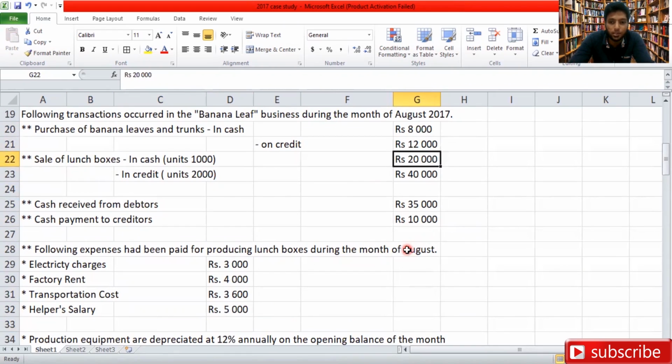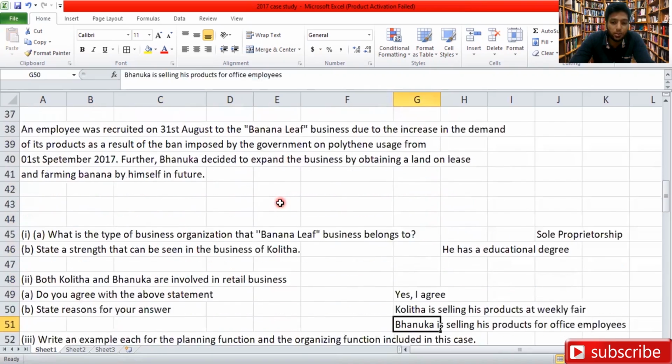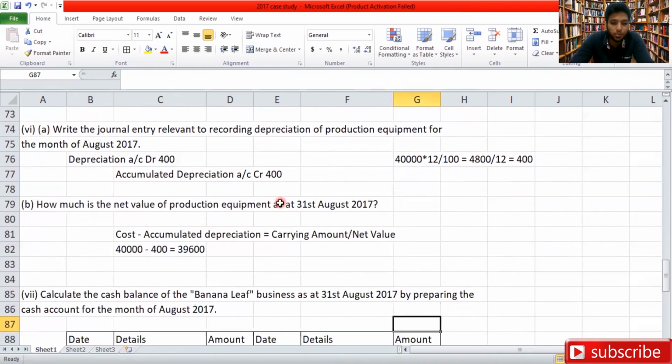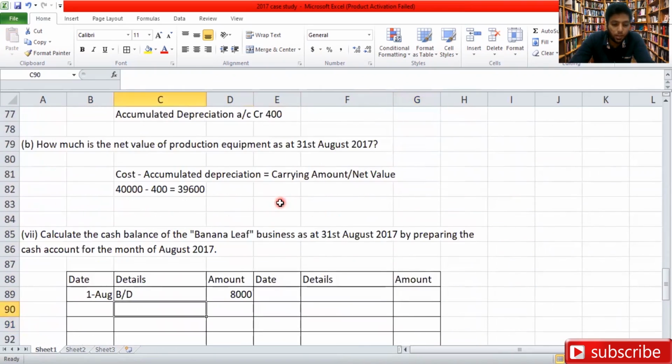So I'll only consider the debit transactions, because this is cash. I will consider only cash received from debtors. Did you understand that, guys? So 20,000 and 35,000 I will record here on the debit side. Straightforward. Here I'll record cash from debtors 35,000.